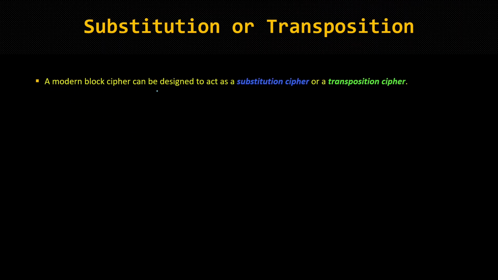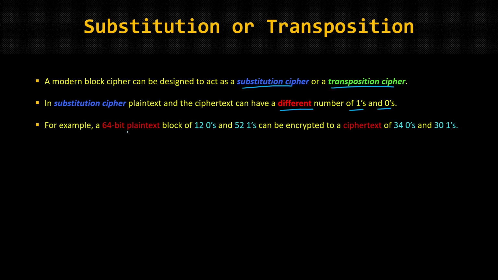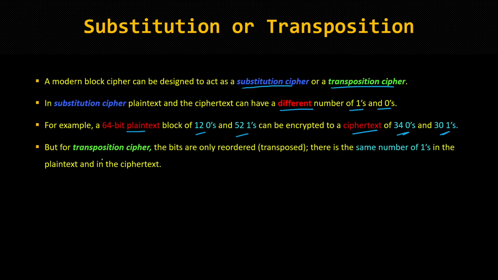A modern block cipher can be designed to act as a substitution cipher or a transposition cipher. Now in a substitution modern block cipher, the plain text and the ciphertext can have different numbers of ones and zeros. For example, a 64-bit plain text may consist of a block of 12 zeros and 52 ones, and it can be encrypted to a ciphertext of 34 zeros and 30 ones. But for a transposition cipher, this is not the case.